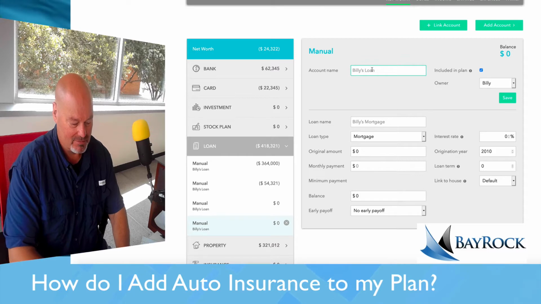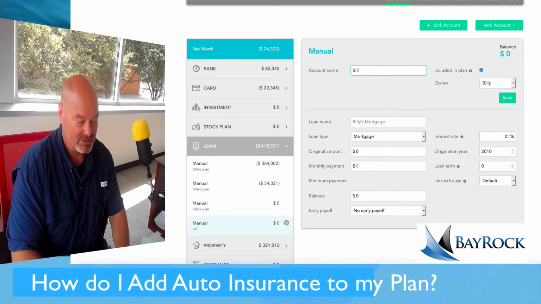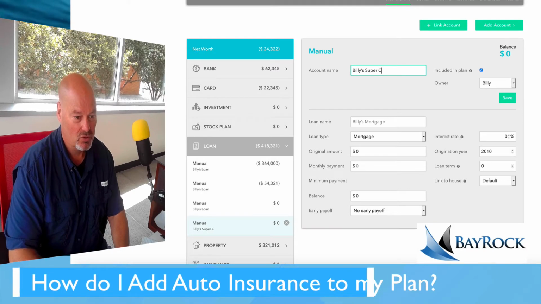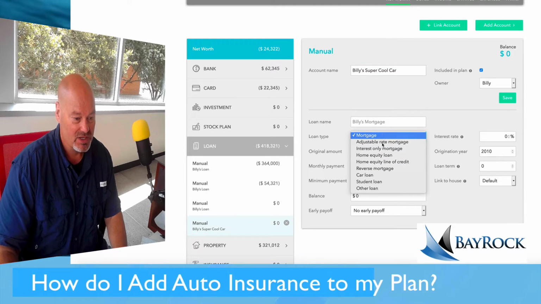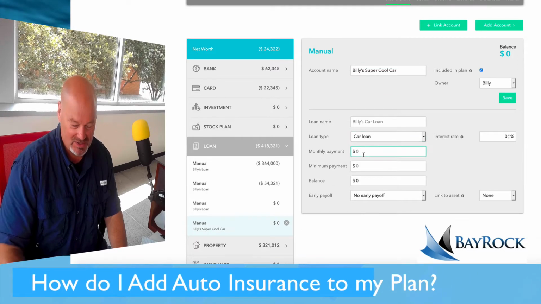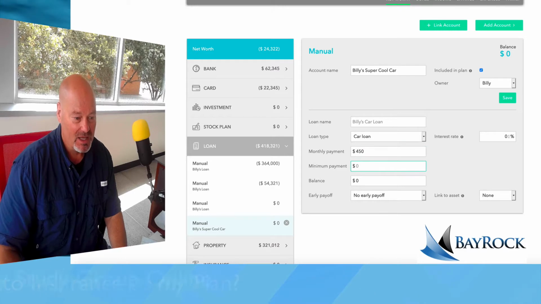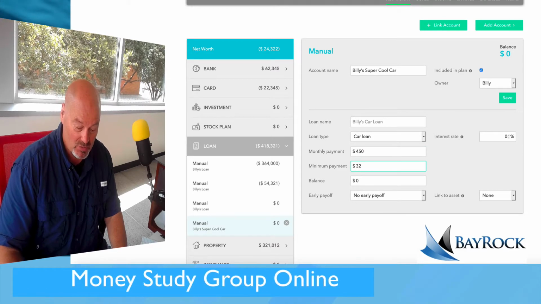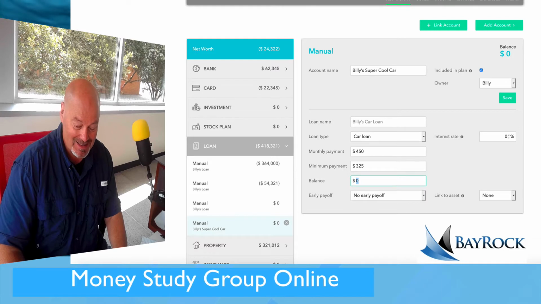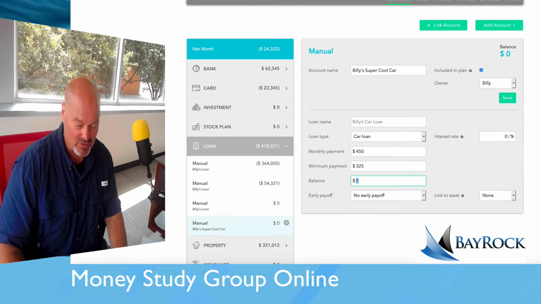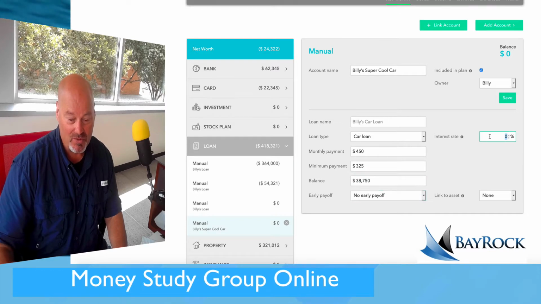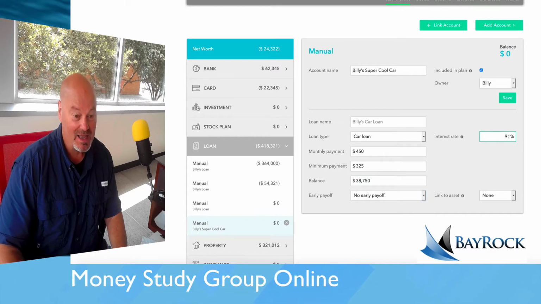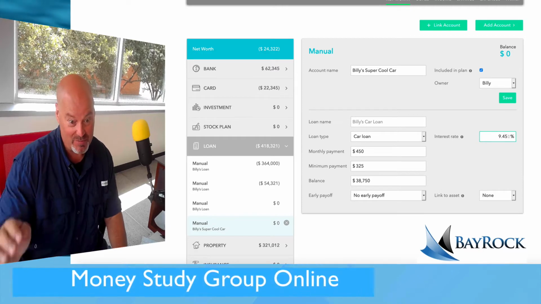and it's going to be Billy's super cool car. And it's Billy's, it's not a mortgage, it's a car loan, and we're going to say his monthly payment is $450 and his minimum payment is $325, and his balance, let's say he bought a super cool car for $38,750 with no early payoff, with an interest rate of, let's say, 9.45%.